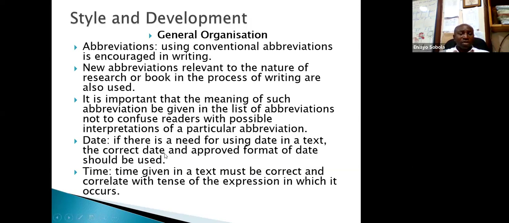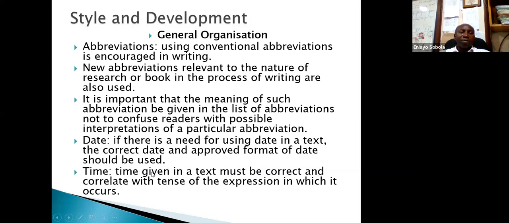You may need to conduct a kind of interview. Some people ask questions, meet some people, get information, get the dates, and use the appropriate approved format for the dates. And your dates must be correct, not that they tell you the first, and you now put the second because you have forgotten what the person said. You are passing wrong information across to society.